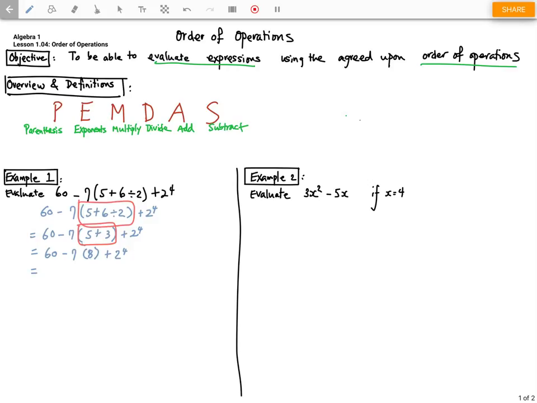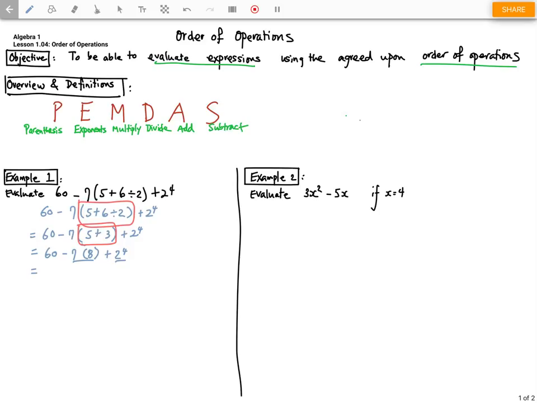Okay. Now let's try to keep simplifying the expression a little bit more. Now, in the acronym PEMDAS, you see the multiplication. Some remaining operations left: there's a subtraction after the 60, there's a multiplication of 7 and 8, and then there's the 2 raised to the 4th power.